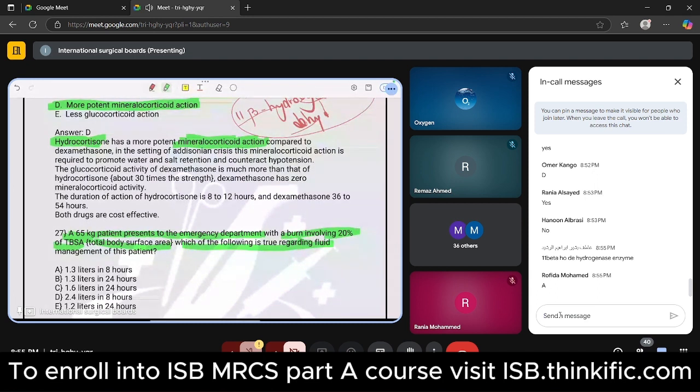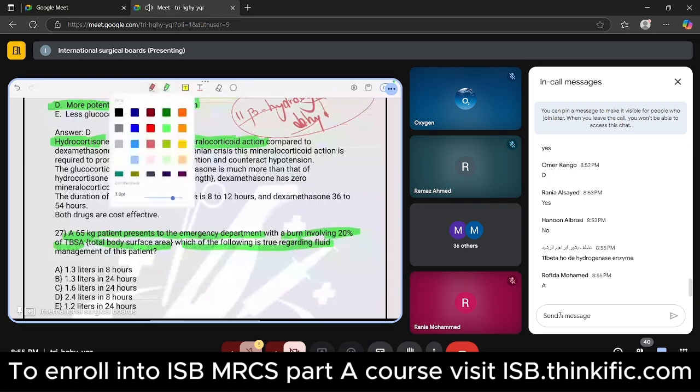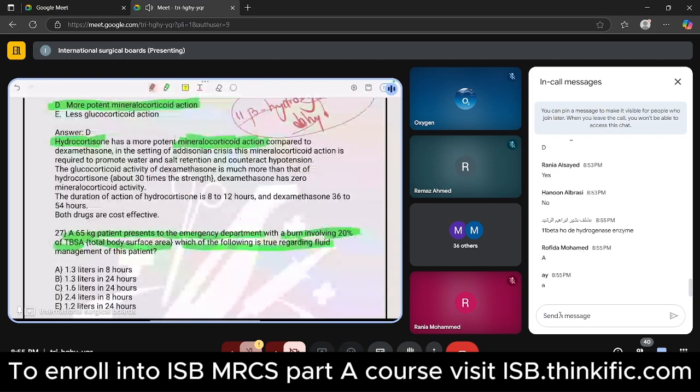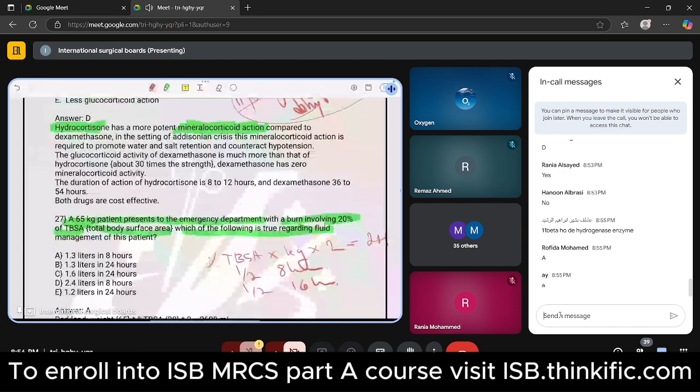You calculate percent total body surface area times body weight in kg times 2. That's in 24 hours. Then you give one half in the first 8 hours, and the other half in the subsequent 16 hours, right? Yeah, so it is A.